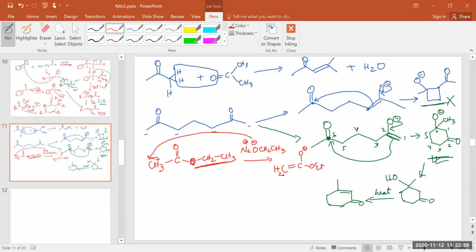Okay, enolate. This can react with another ester molecule. So what will happen? It can come here, it can go here, and this will go here. CH3CO minus OEt, CH2CO OEt.